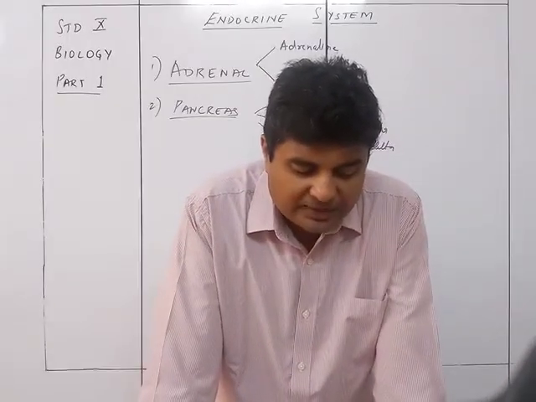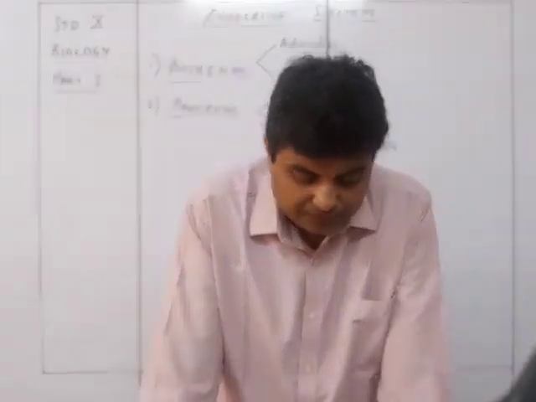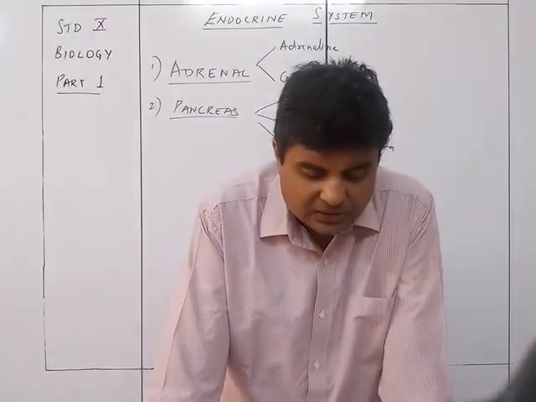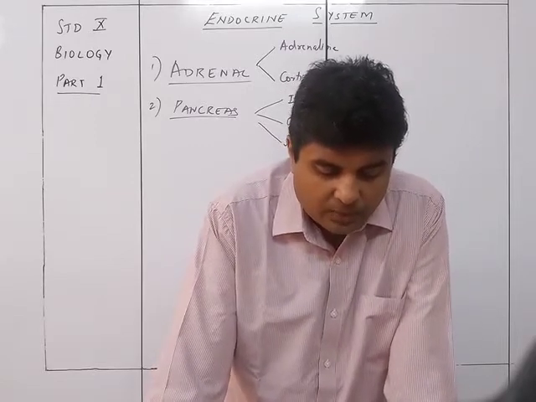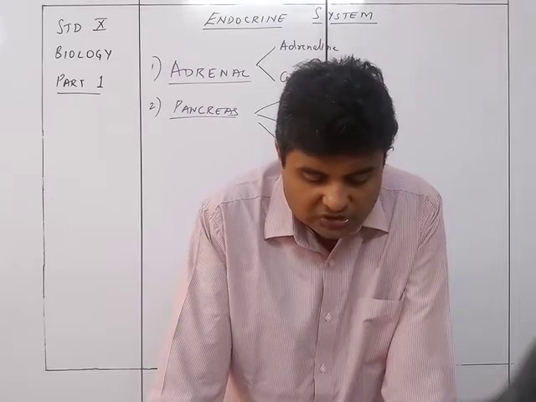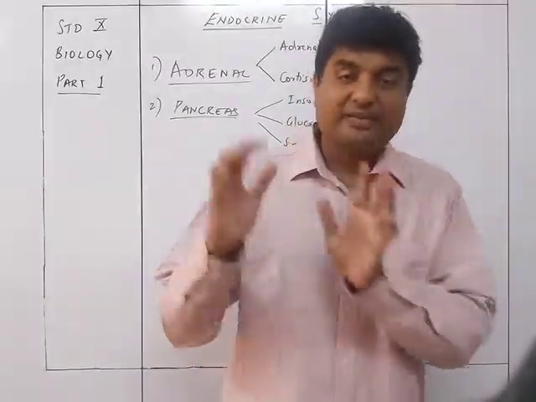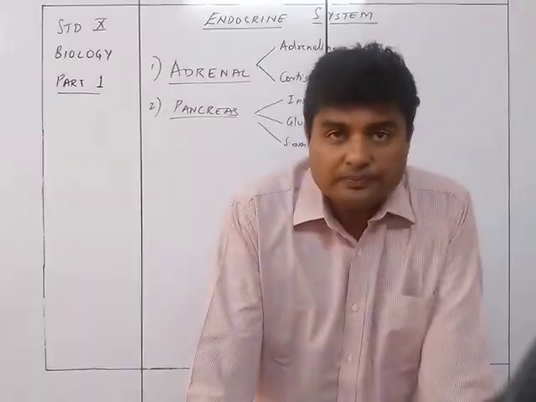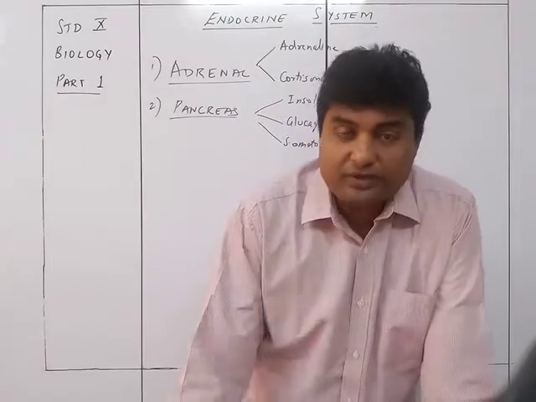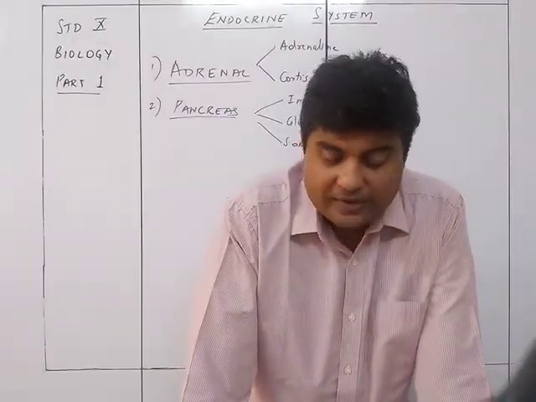Let's start from the pancreas part. So there is a low blood sugar, on the top right you can see low blood sugar. It will promote glucagon release.